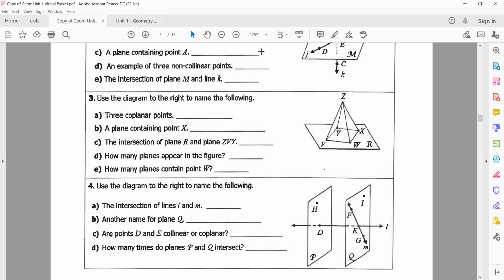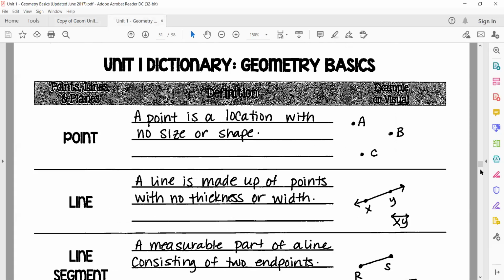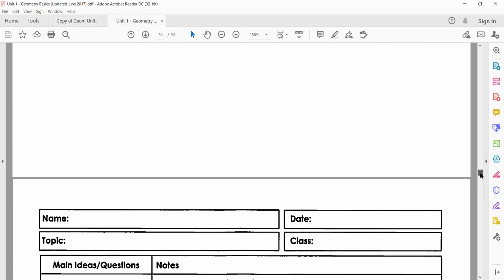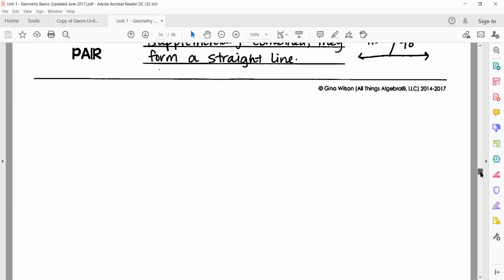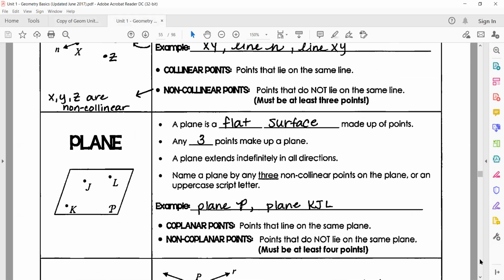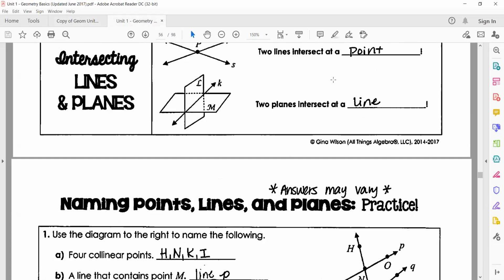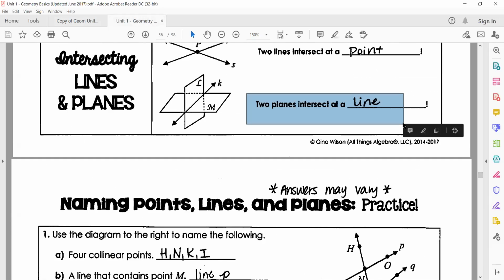Remember, this goes back to the definition here also. Two planes intersect at a line.